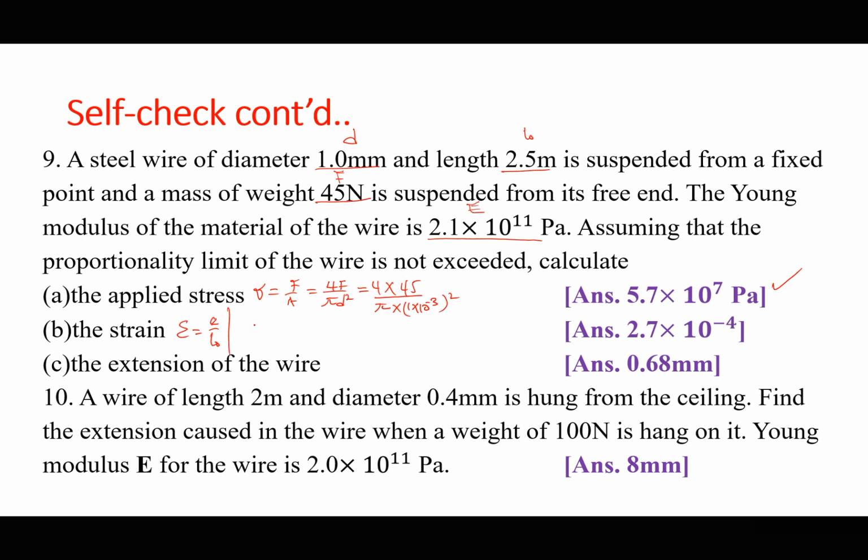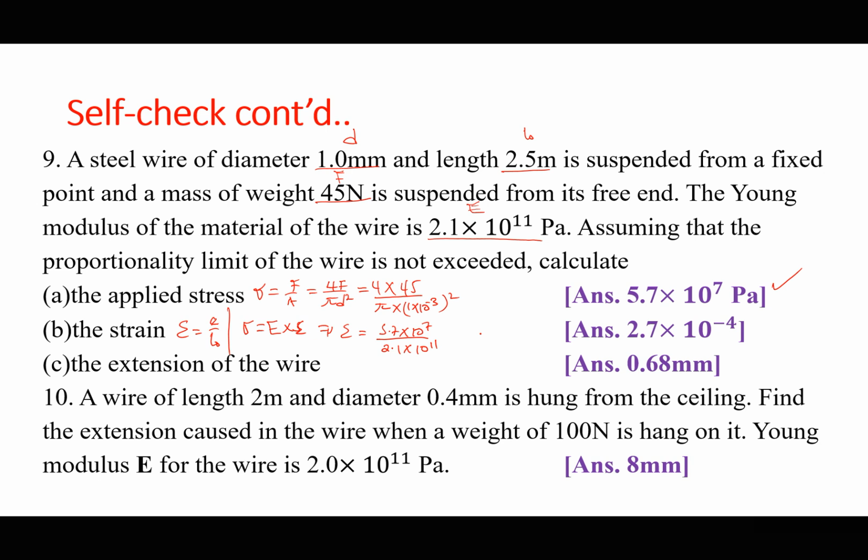However, we also know that stress is equal to Young modulus times strain. So this means I can say strain is going to be stress, which is 5.7 times 10 to the power of 7, divided by Young modulus, which is 2.1 times 10 to the power of 11. I think this answer is correct.